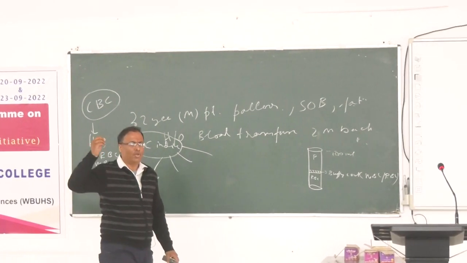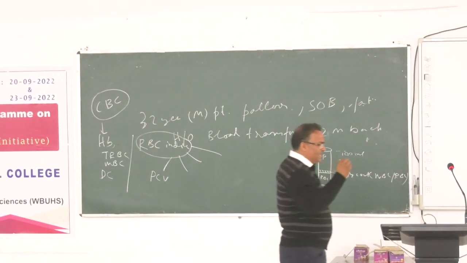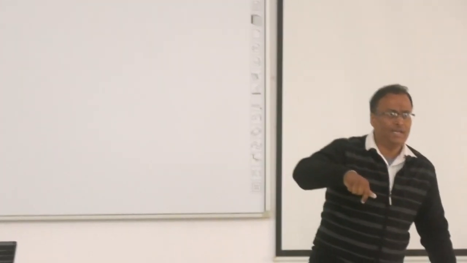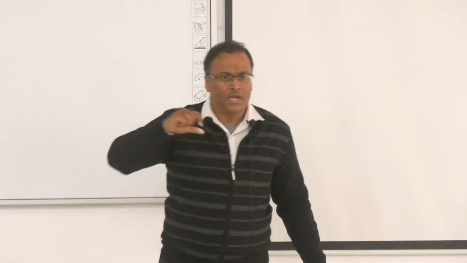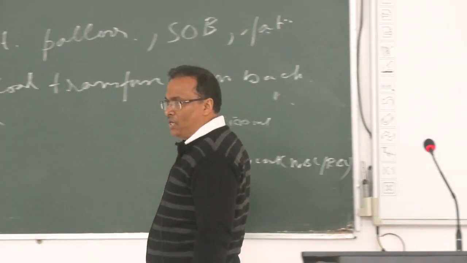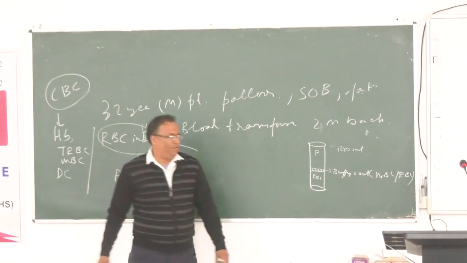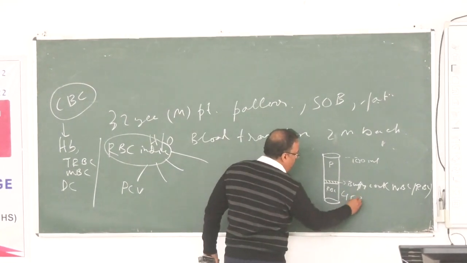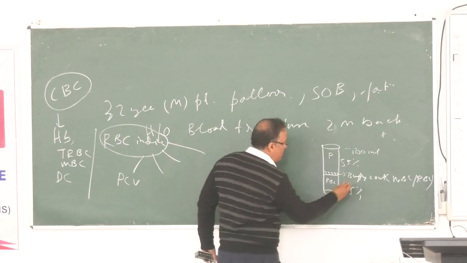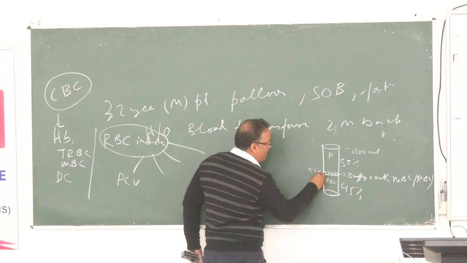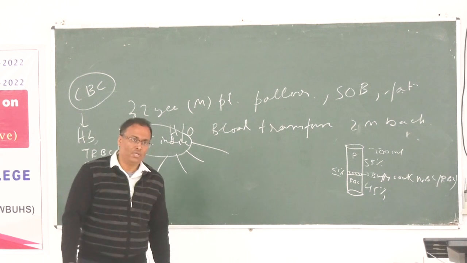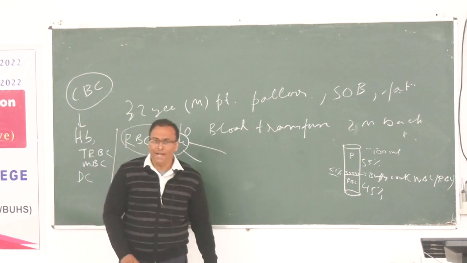Centrifugation means there is a centrifugation machine, the blood sample is put in, and then it comes out after centrifugation. That is 45% RBC, around 55% plasma, and less than 1% buffy coat. The buffy coat is the presence of WBC and platelets.